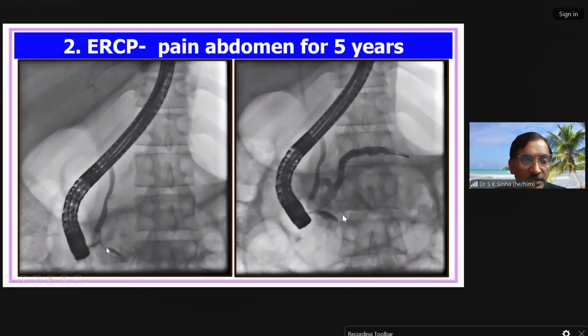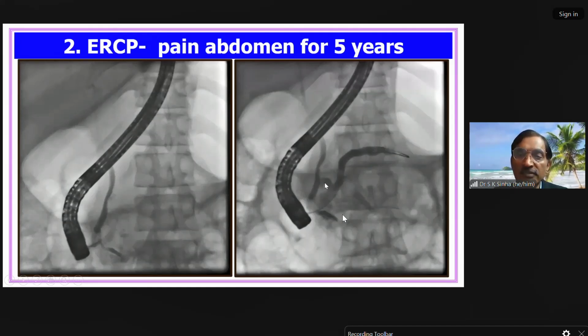So when we initially saw this, it should not be taken as the main pancreatic duct. This is basically the uncinate process branch of the main pancreatic duct. Our manipulation should not be in this direction, it should be in this direction. That is what has been done, and ultimately the pancreatic duct is opacified.